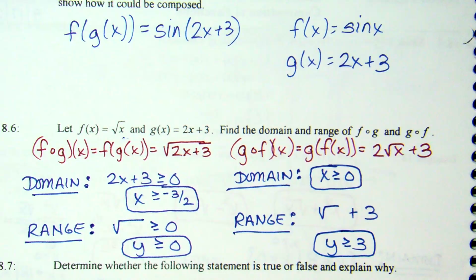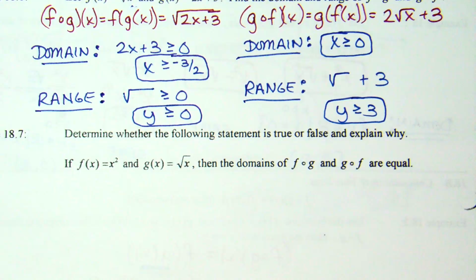So we should probably figure out what happens with Fogg and Goff. So Fogg, f of g of x. What does f of g of x mean? The square root of x, quantity squared.